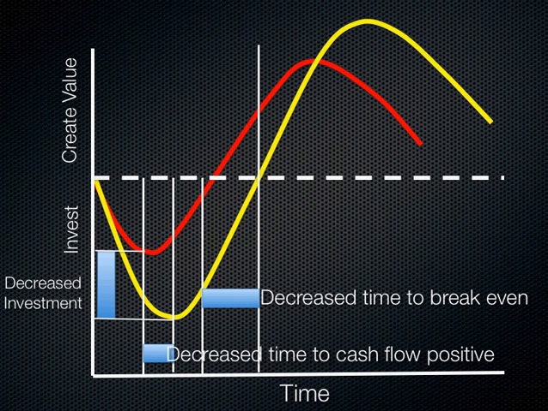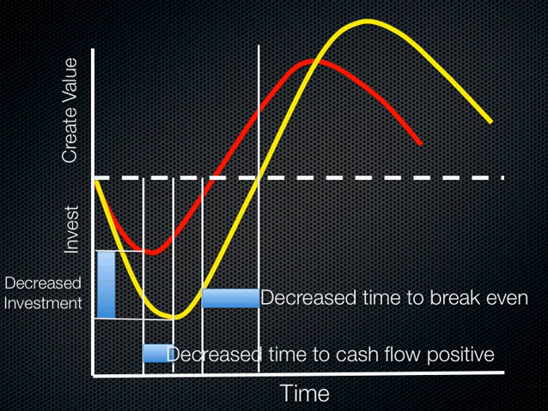Our money going into the project is increasing, and it's costing us more and more as we invest in the technology. But at some point, labeled decreased investment, we stop investing great sums of money in the technology, and we start noticing that we are gaining some of the rewards for the investment.